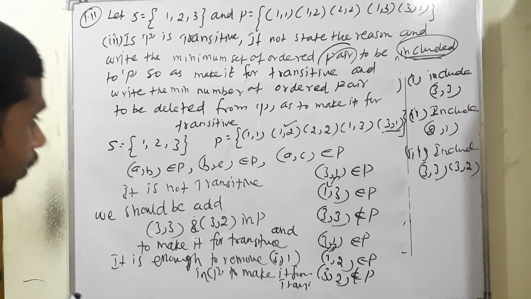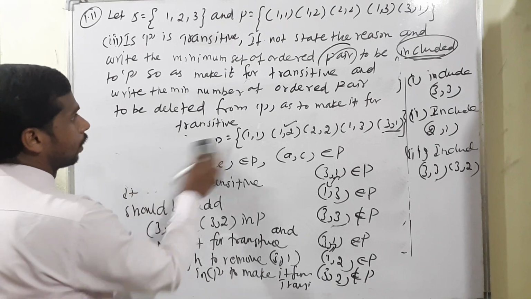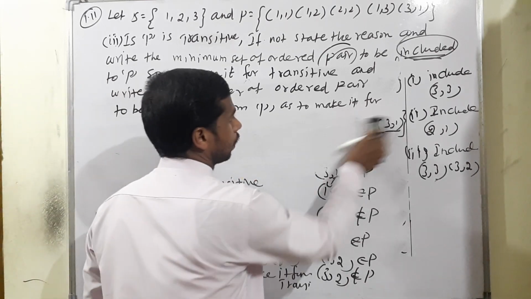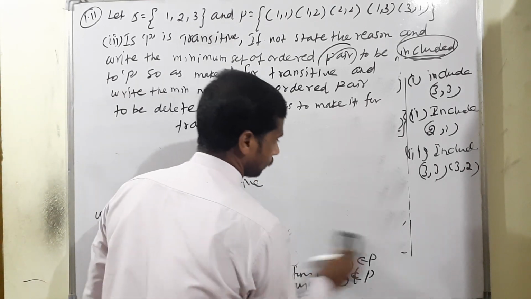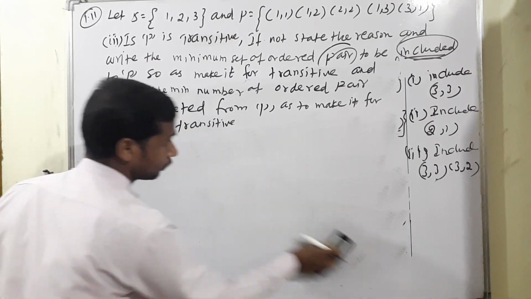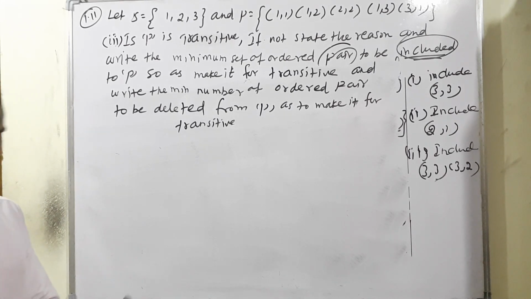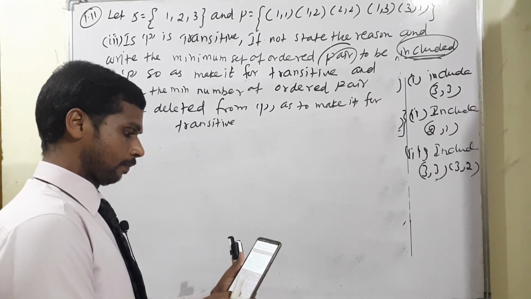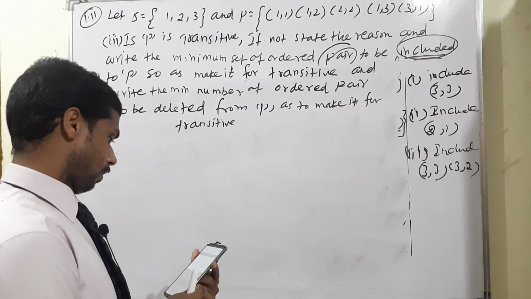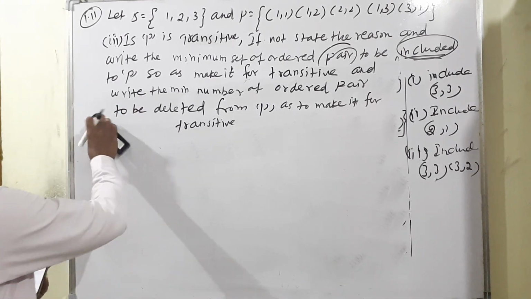Now the last one, subdivision 4. What is it saying? First, is P an equivalence relation, isn't it?